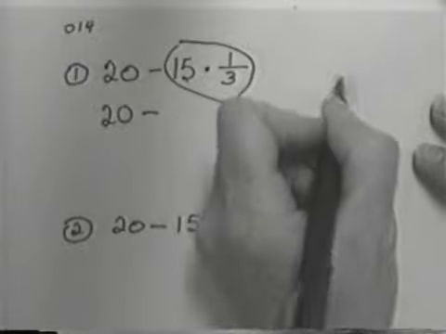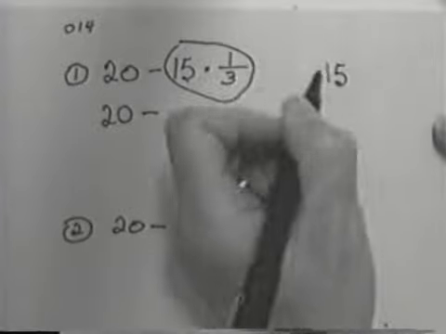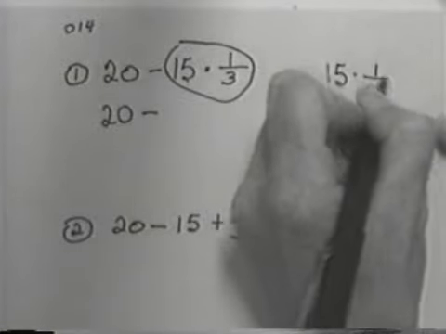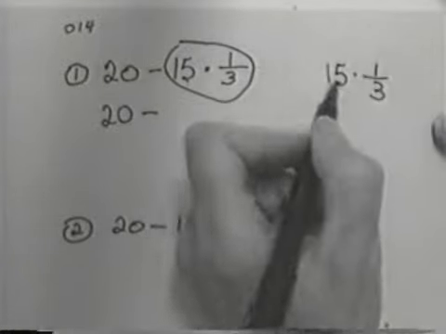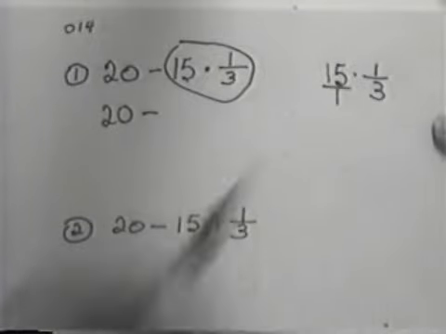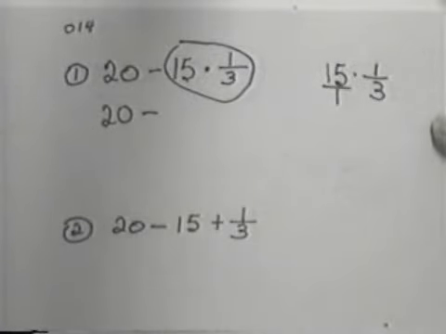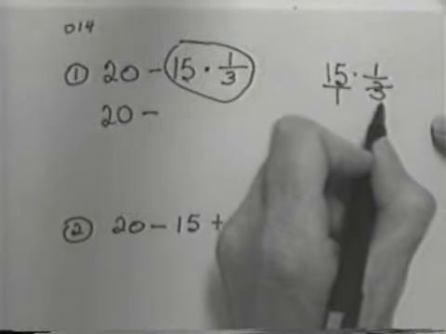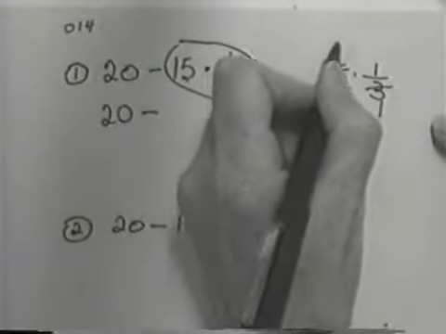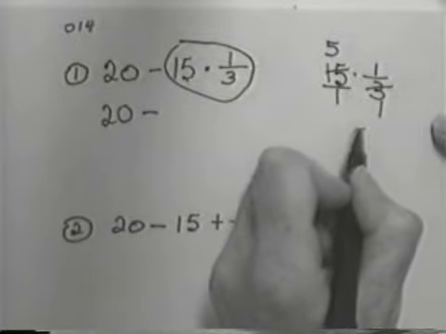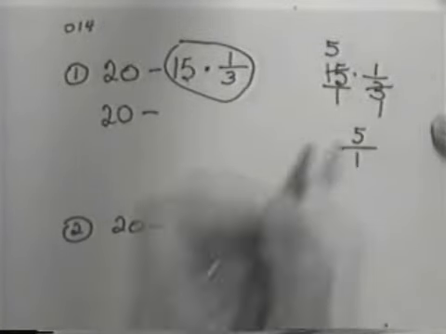Since I didn't leave myself too much room, I'm going to come over here to the side and do 15 times a third. Remember, when you multiply, you want everything to look like a fraction, and you want to reduce if you can. 3 will go into 3 1 time, 3 will go into 15 5 times, and we're left with 5 over 1.